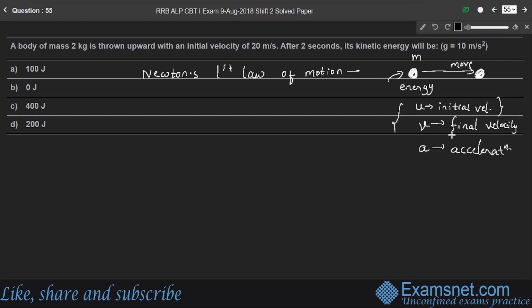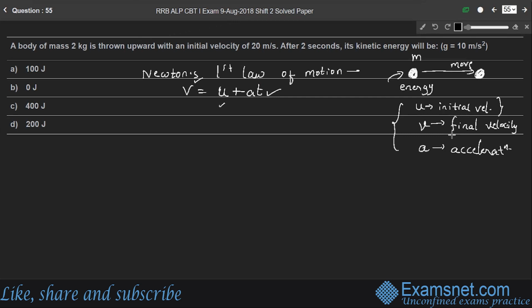So the relation between these terms, initial velocity, final velocity, and acceleration is v is equal to u plus at. So its final velocity is its initial velocity u plus acceleration into the time in which the body has got displaced from one place to another place, right? Therefore v is equal to u plus at.